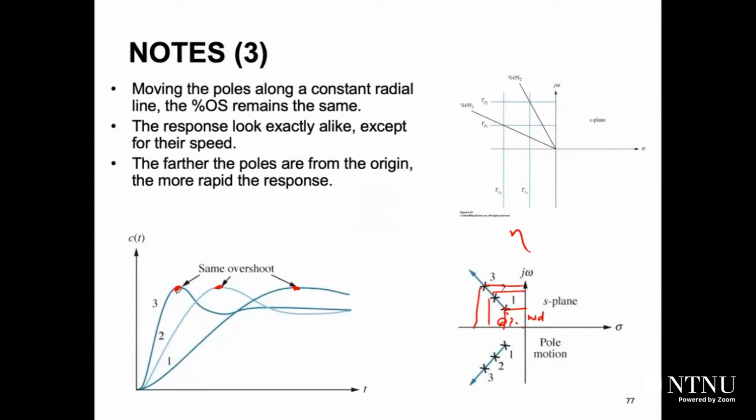So for system number 1, peak time Tp will be pi divided by omega d. When you go to location number 2, omega d will increase, so peak time will decrease a little bit. When you go to location number 3, omega d will increase more, so Tp will decrease a little more. So Tp3 will be less than Tp2, less than Tp1.